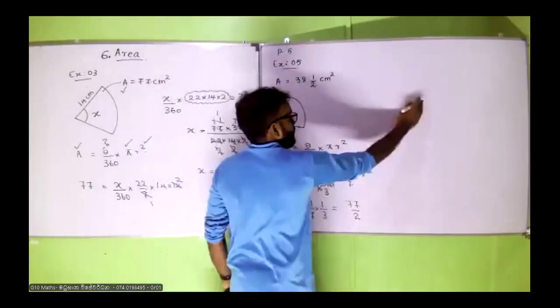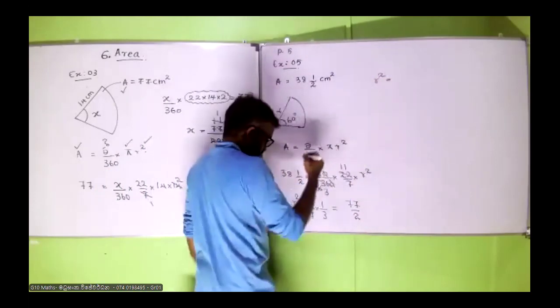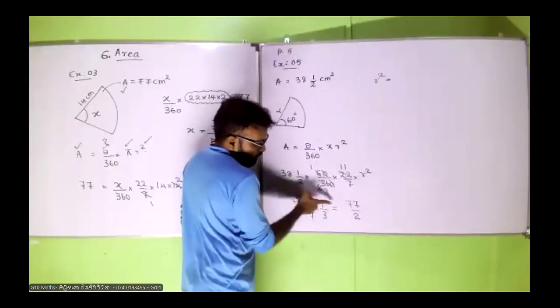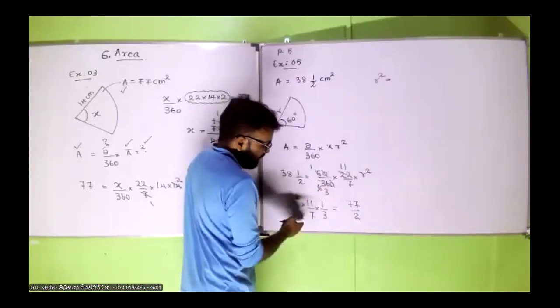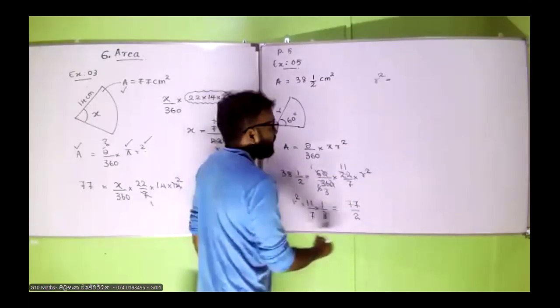So you can isolate r squared. The numerator goes to the denominator of the other side, and the denominator goes to the numerator of the other side.